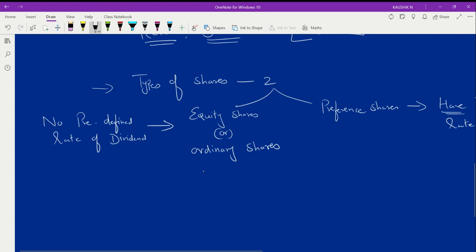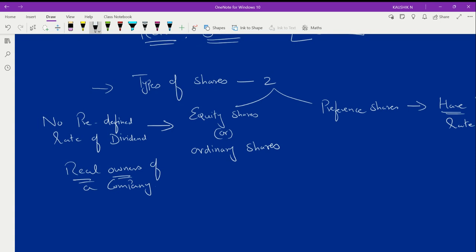And at the same time, those who are holding the equity shares are the real owners of the company. That means equity shares வச்சிருக்கிறவங்க தான் real owners of a company.